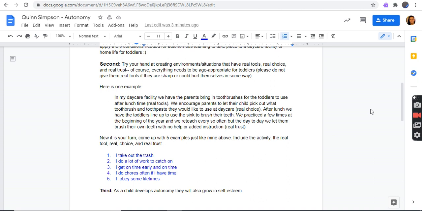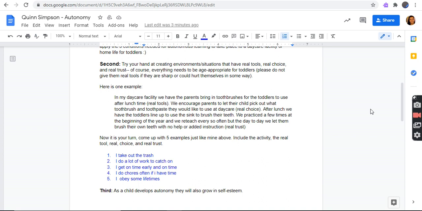Here's one example. In my daycare facility, we have the parents bring in toothbrushes for the toddlers to use after lunchtime, real tools. We encourage parents or babysitters to let their child pick out what toothbrush and toothpaste they would like to use at daycare, real choice.